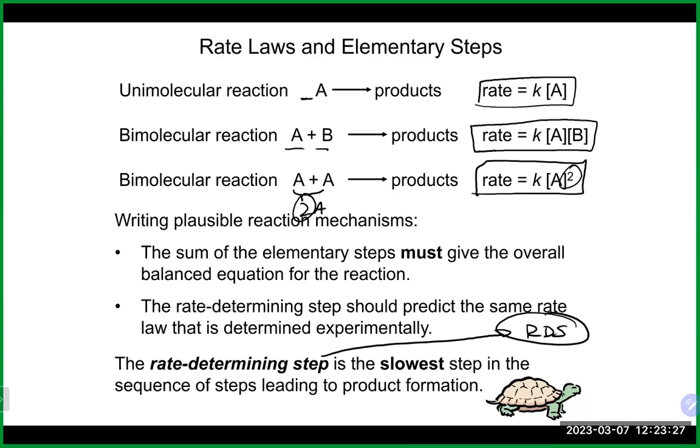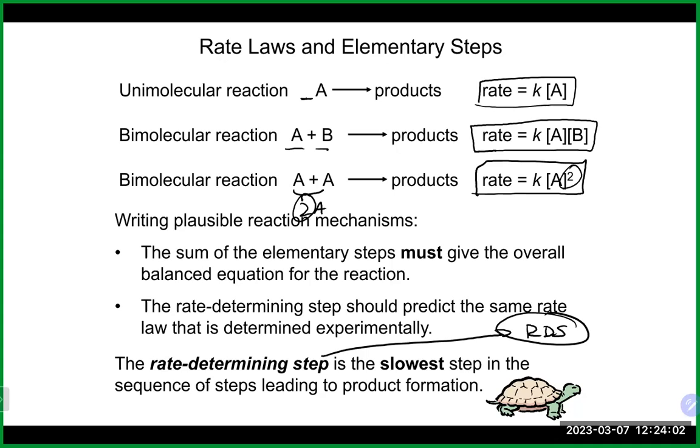It is the one that really determines how fast, or I guess how slow, that reaction will take place. Hence the turtle. It's kind of like shopping, right? You get in the 10 items or less line, and you have somebody ahead of you who's got 400 items. So you're clearly not getting through that line until that person goes through. There's always a step in the mechanism that really determines how fast the overall reaction will take place, and that's what's referred to as the rate determining step.